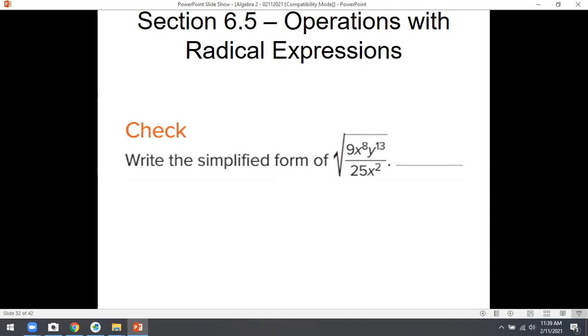You are doing a square root, an even root, so do be aware that you might need some absolute values.